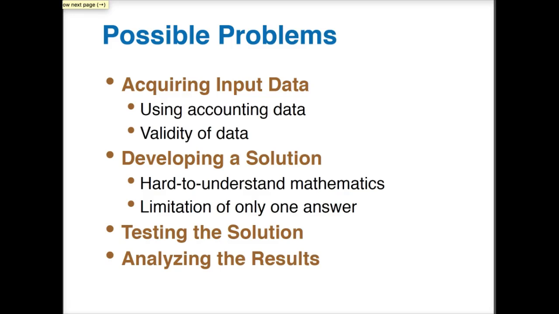And of course, the biggest thing is that limitation of only one answer. So whenever we're doing these models, of course, we're going to come up with one answer in most instances. And so the thing with that is that one answer may not be an acceptable answer.